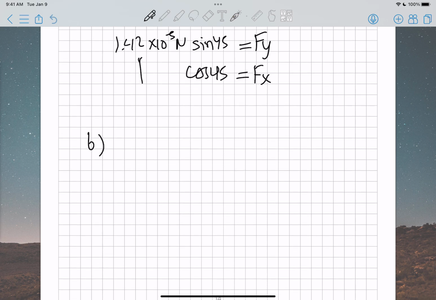And then B, it says calculate the angle phi between the x-axis and the line connecting Q2 and Q3. We want to find the angle between Q2 and Q3 like that, right? Let's see here.